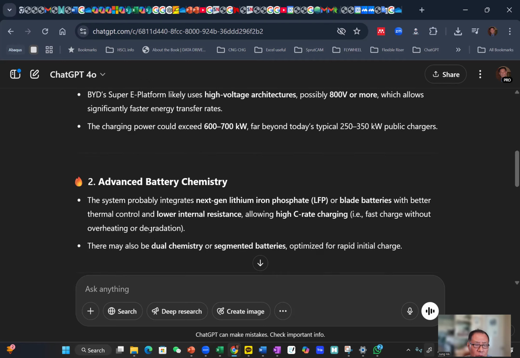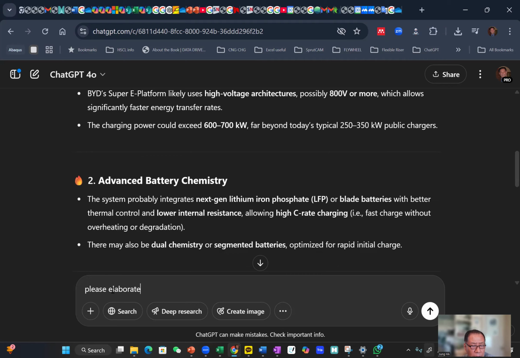And the most important point is the advanced battery chemistry. As I mentioned, the lithium battery or LFP always involves a chemical reaction, which has to take time.